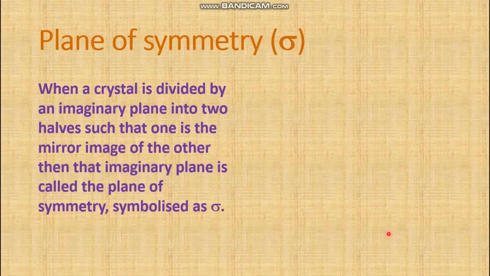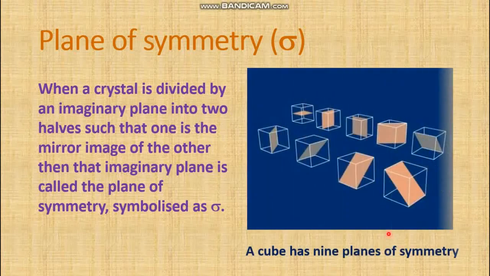Then if you find that one half is the replica of the other half, then that particular plane is the plane of symmetry. And you will see that a cube has 9 planes of symmetry. It is not more than 9, not less than 9. It is exactly 9. Okay, so here are the pictures of the 9 planes of symmetry.